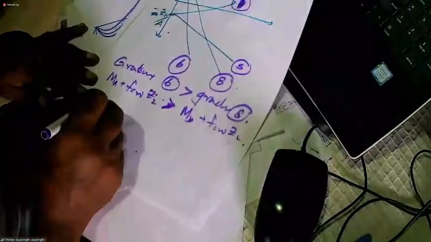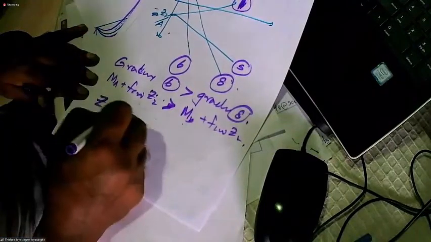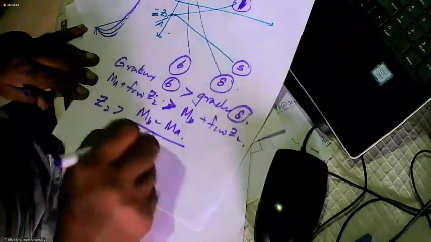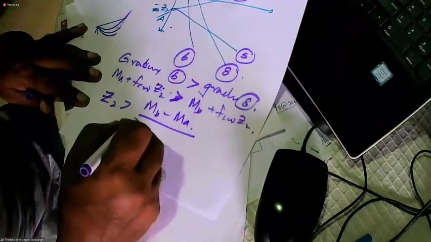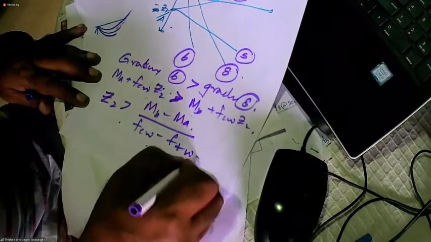From this one, we can say Z2 should be greater than MB minus MA over FCW minus FTW.